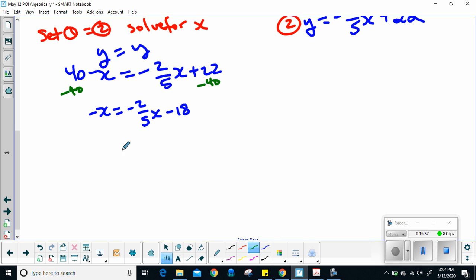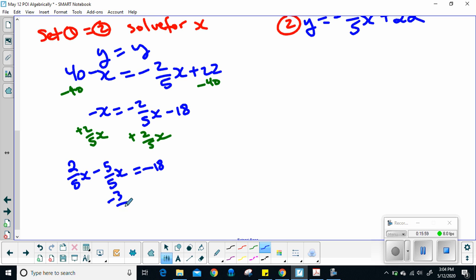And then I'm going to plus 2 over 5x to both sides. So that means I'm going to have 2 over 5x minus, well, let's just do common denominator at the start. So 1 becomes 5 over 5 equals negative 18. 2 minus 5 gives me a negative 3 over 5x equals negative 18.